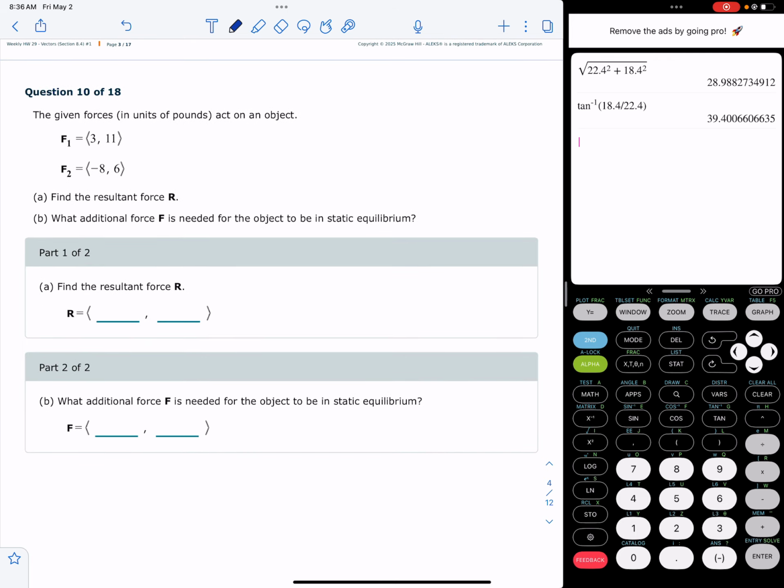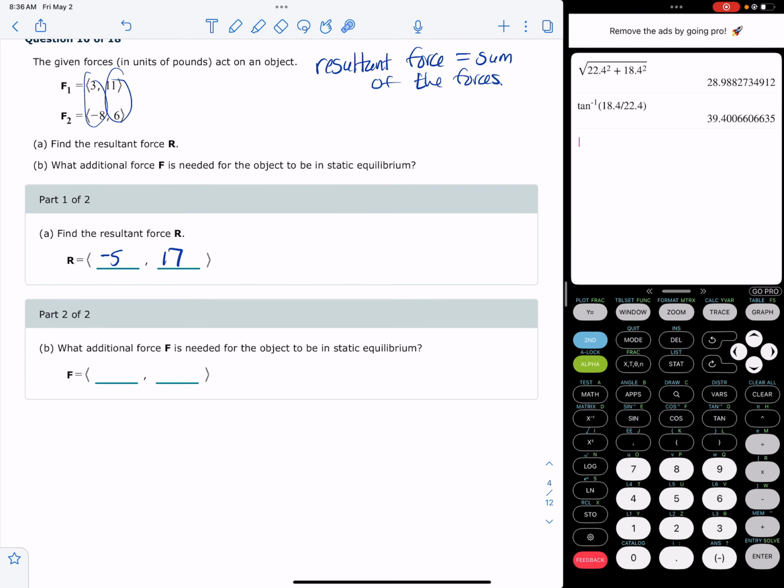Given forces, find the resultant force. So the resultant force is the sum of the forces. For part 1, you're just going to add the components: -5, 17.